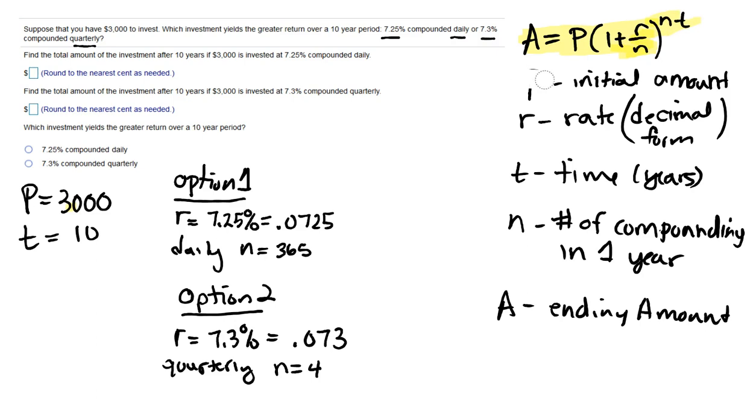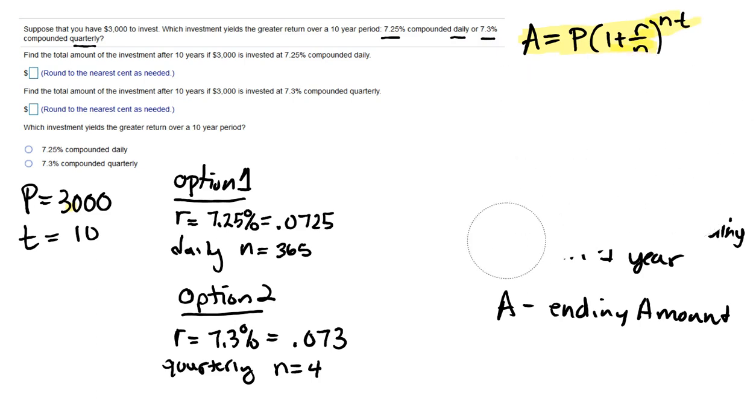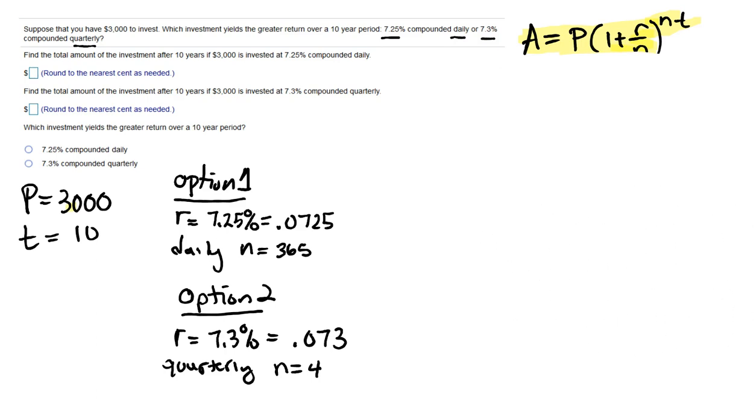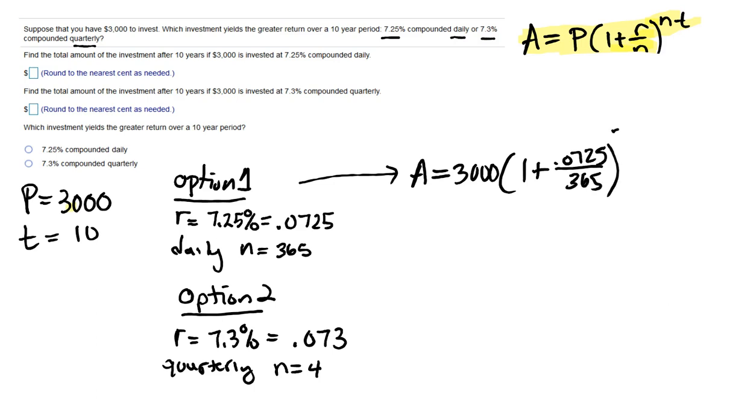So let me erase what all these mean. And let's work out option 1. That's going to be A equals 3,000 times 1 plus 0.0725 over 365 to the 365 times 10 years.